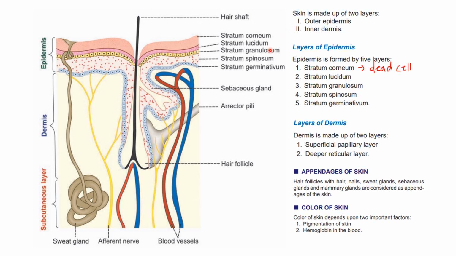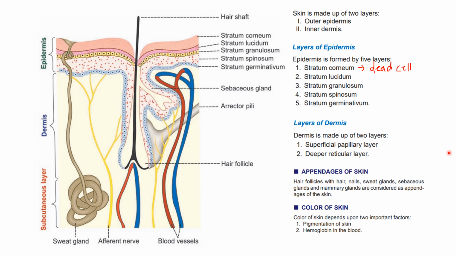Next layer is your stratum spinosum. It is also known as your prickle cell layer because the cells of this layer possess spine-like protoplasmic projections. By these projections, the cells are connected to one another.